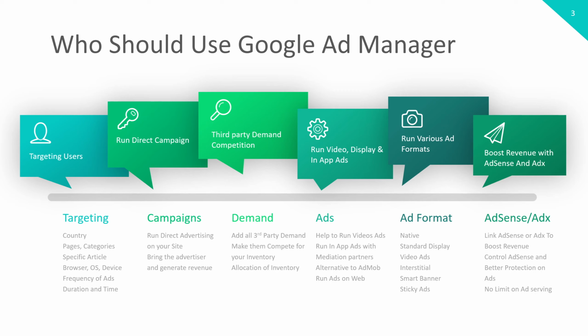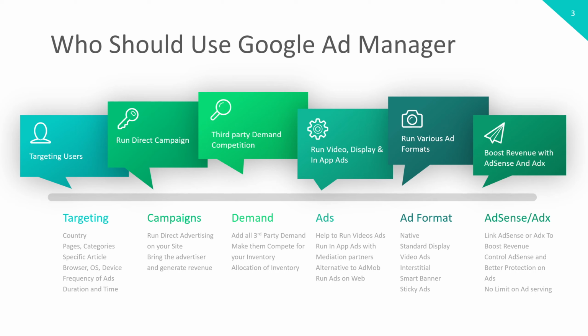With Google Ad Manager, you can run video ads, display ads, and in-app ads. You can run various kinds of ad formats as well, like native ads, and standard display is obviously possible with Google Ad Manager. You can run video ads, and interstitial ads on mobile devices inside mobile apps.